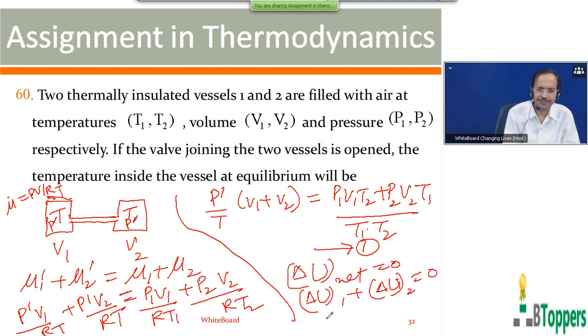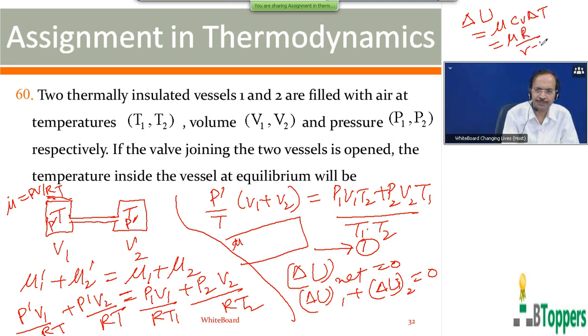Change in energy of an ideal gas in any process can be written in the form delta U equals nu CV delta T. CV is the molar specific heat at constant volume, which you can write as R by gamma minus 1. Delta T you can write as final temperature minus initial temperature.